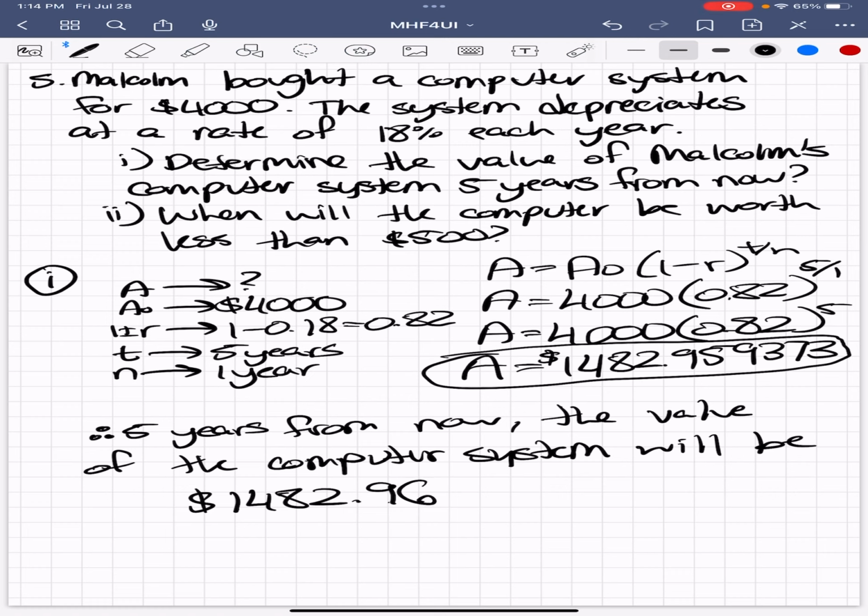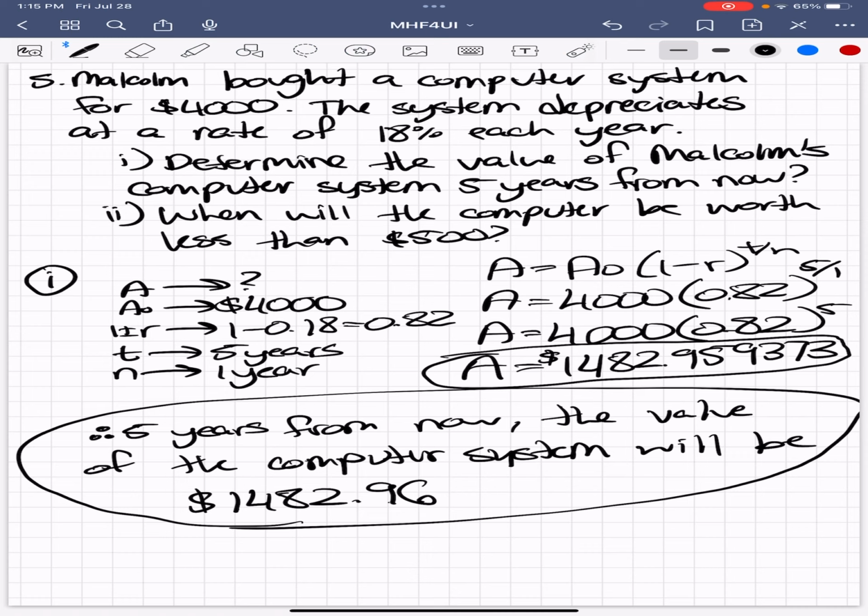So we're going to the second decimal place because it is money, and money goes to the second decimal place. It doesn't go for longer than the second decimal place. It's just like we go to the nearest cent, and the nearest cent is the second decimal place. So 5 years from now, the value of the computer system will be $1,482.96. And that's written there. I'll give you a minute to write that down.